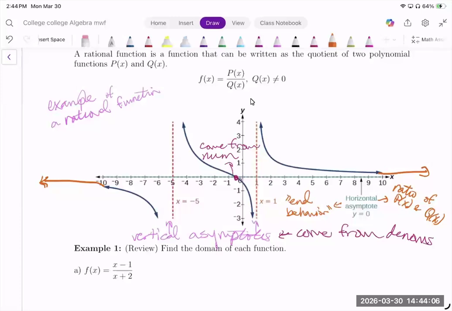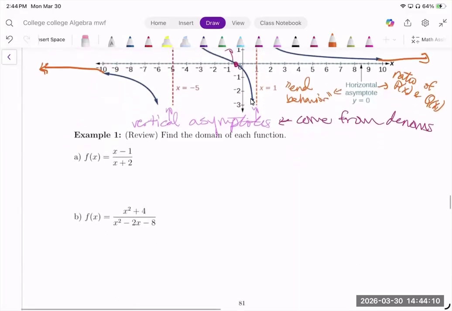Okay, so quick review. Remember that for fractions, our red flag is that we can't divide by 0. That's the red flag. So we always factor the denominator and see where things go haywire.